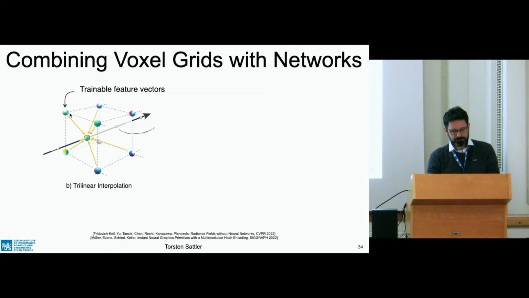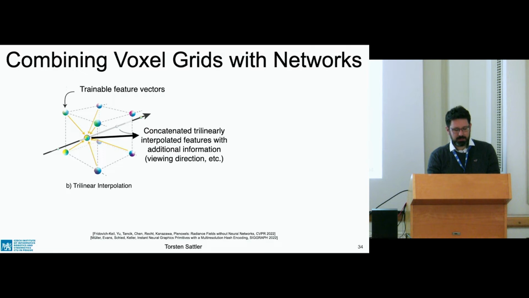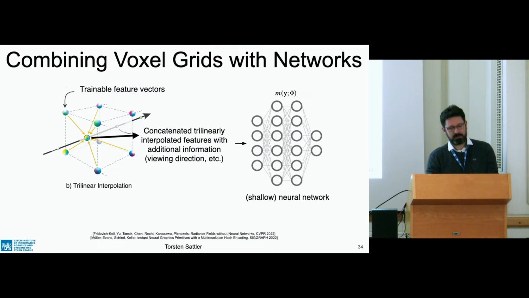Rather than just computing a color from this directly, you could compute the trilinear interpolation of your features to get a feature for a point on the ray, add some additional information such as the viewing direction of the ray, and then feed this into a small neural network.